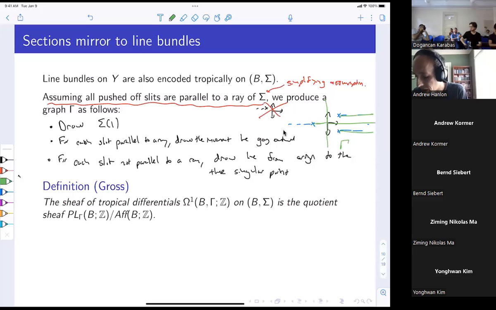So piecewise linear functions by genuine affine functions. So what this reduces to in this picture is the data of PL functions on the following regions.